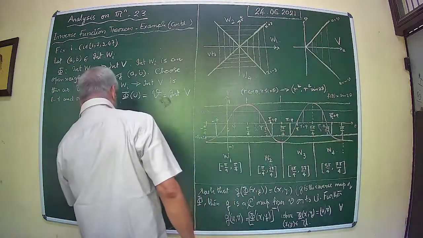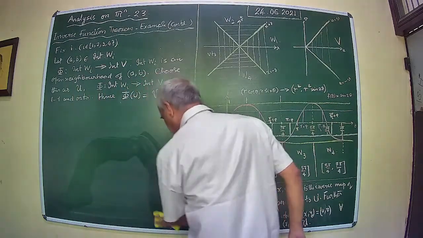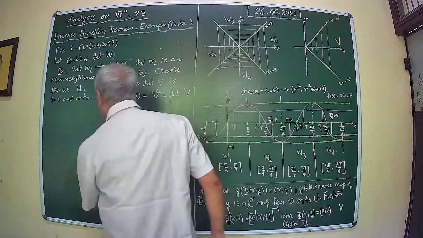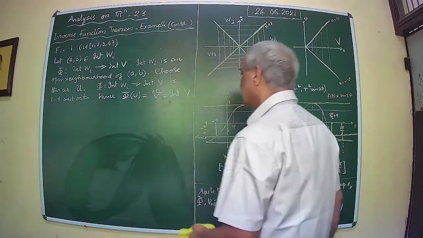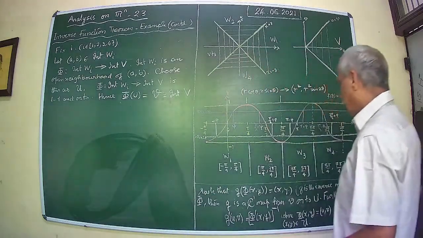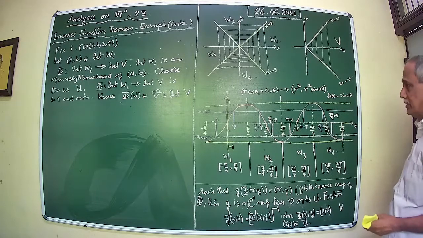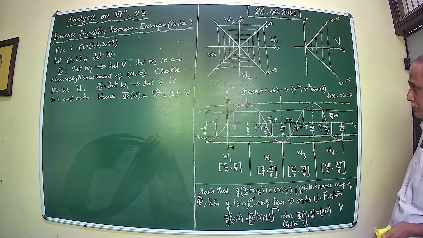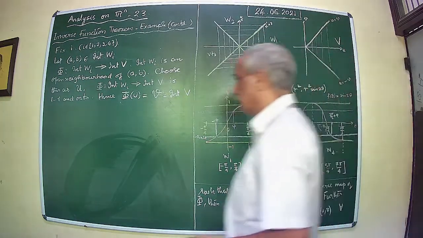So what more do you get? Now what the theorem says is the following. Hence phi is invertible.